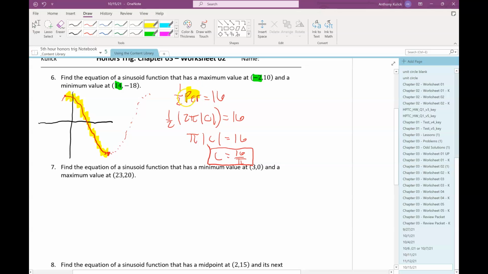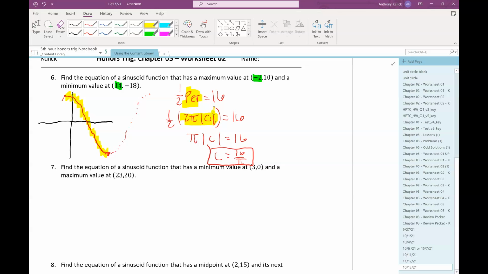Yeah, so I've gone and replaced period with 2 pi times the absolute value of c. After I figured out that half a period is 16, you could say that one period is 32. You could start there. That's okay to do also. That's still doing the same thing, right? If you started by multiplying both sides by 2, and then you make the substitution, that's fine to do as well. Does that feel okay? Yeah, thank you.